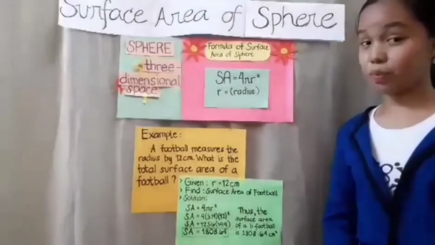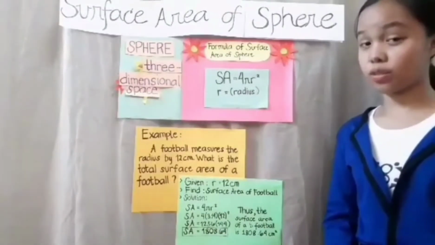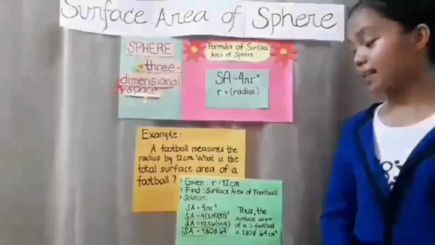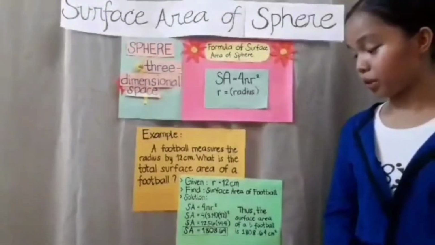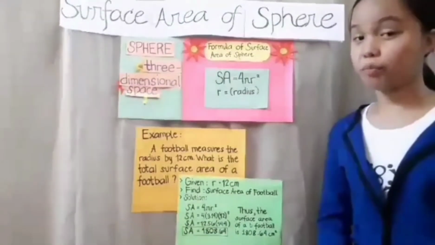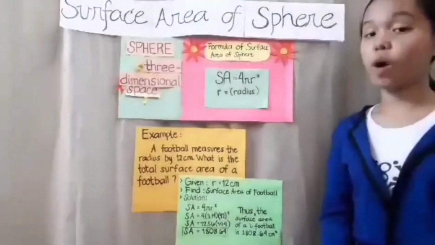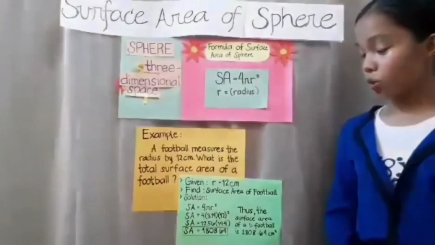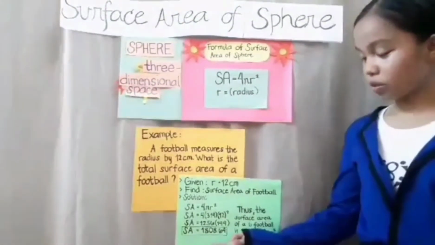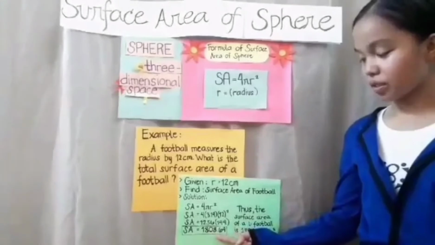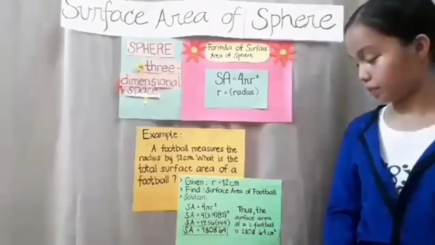It is 3.14 because the value of pi is equivalent to 3.14, and the value of r is 12. 4 times 3.14 is equal to 12.56, and 12 squared is equal to 144. 12.56 times 144 is equal to 1,808.64 centimeters squared.